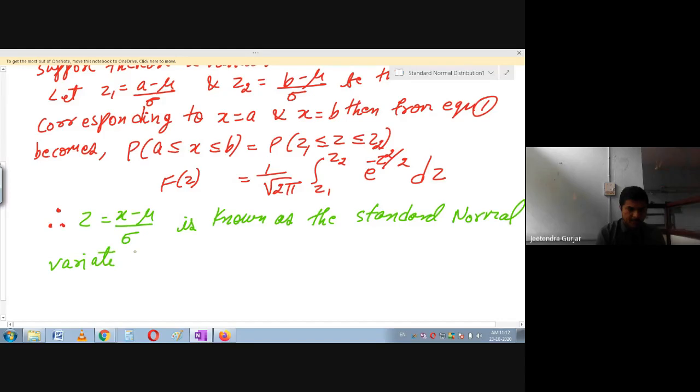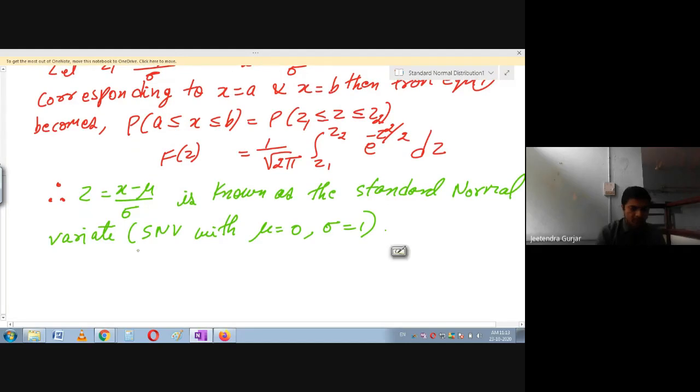This is also denoted by SNV. What is SNV? It is nothing but standard normal variate, with mu equal to 0 and sigma equal to 1. Just remember this. Next we will see a very important integration.